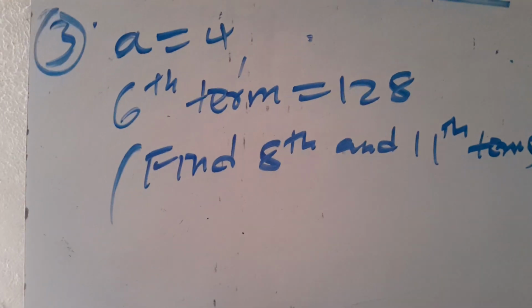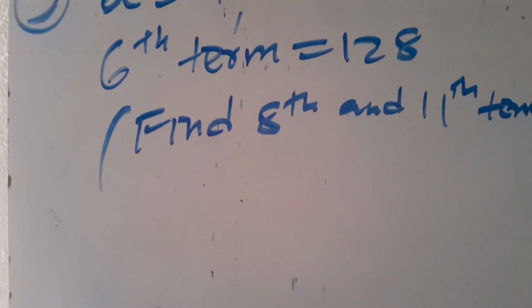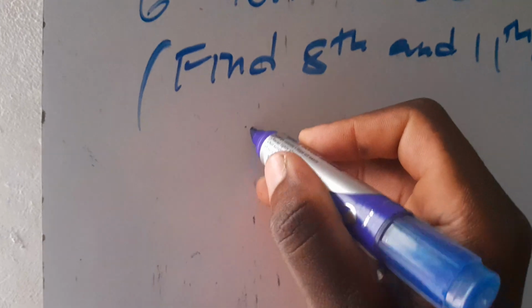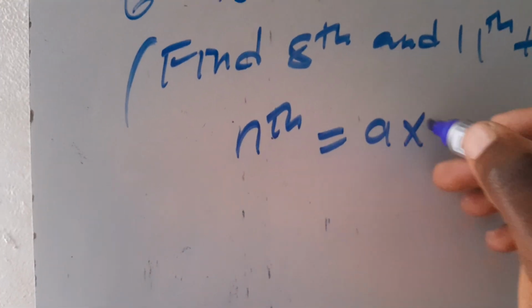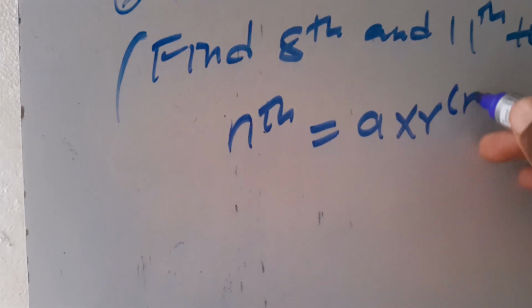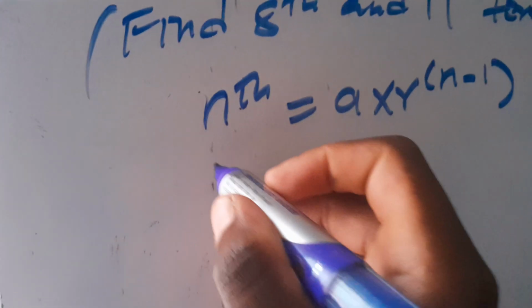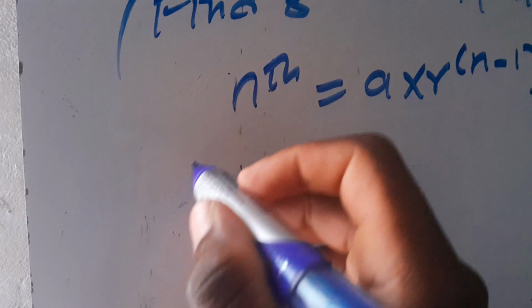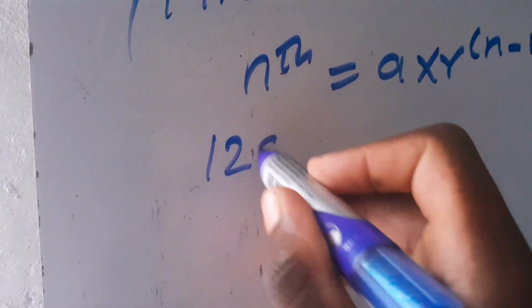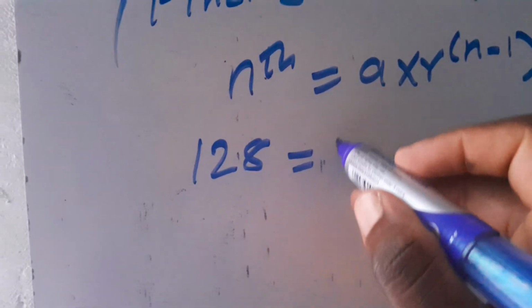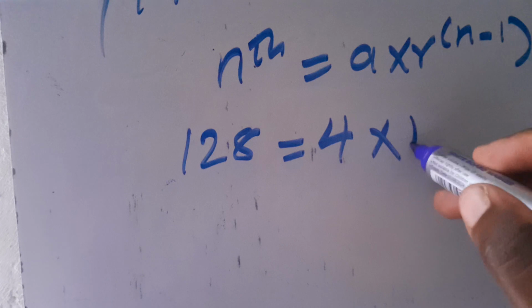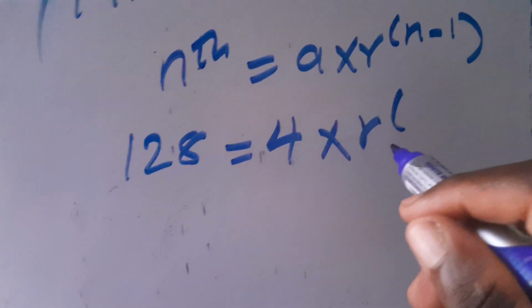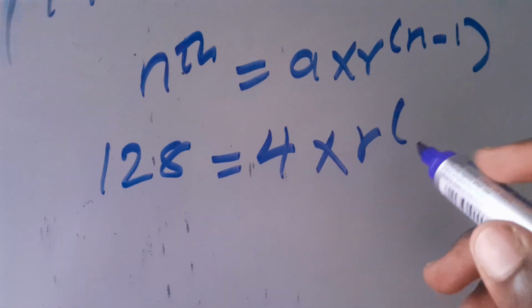How do you find the nth term in a geometric series? The nth term is a times r raised to power n minus 1. In our case, the sixth term is 128, which equals a, the first term, 4, times r. We don't know what r is, and it has been raised to power n minus 1.